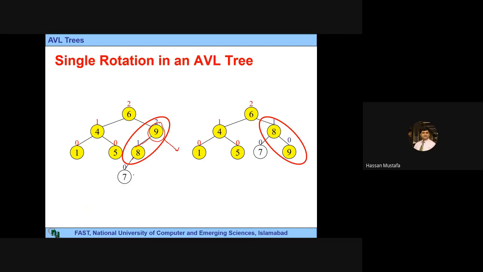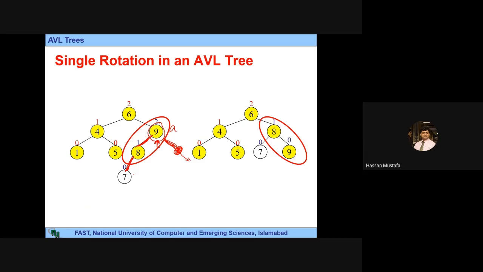Now I'm marking it red, and you can say that this red line is a rope. I hold this rope from this corner and I pull it towards this side. And I have a pulley on this place. That's the node A.